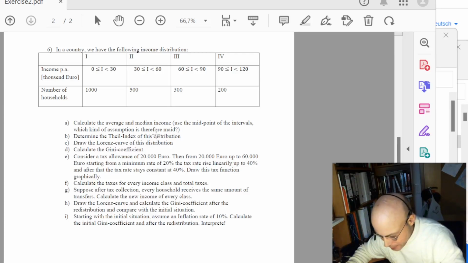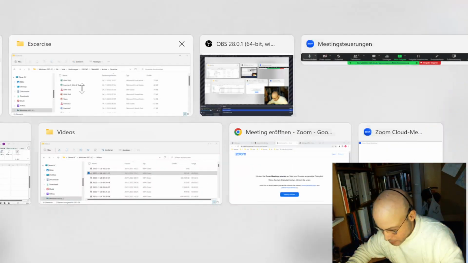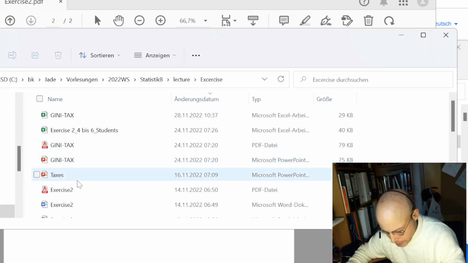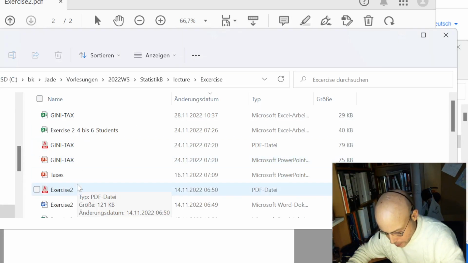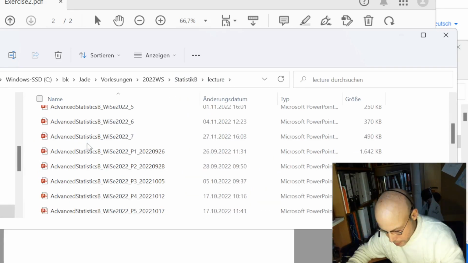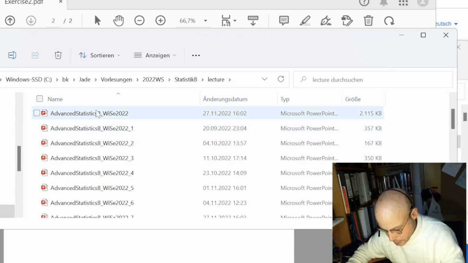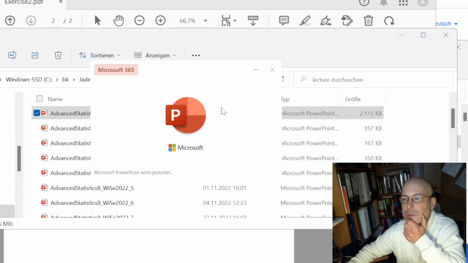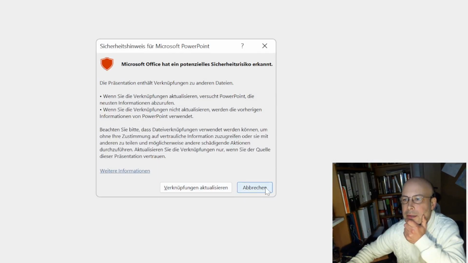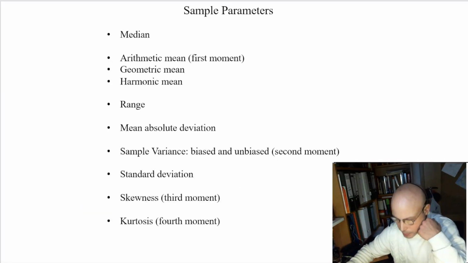Since I do not have it directly, I just go in this one, and here we should find the Theil index.